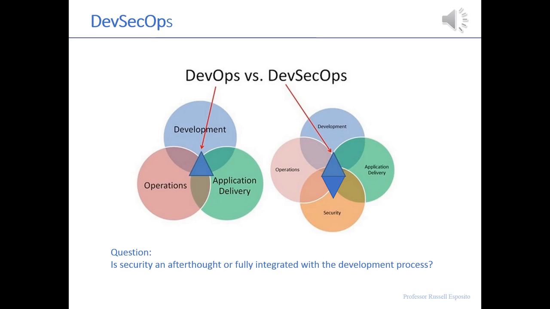And then there's application delivery and then operations, the green and the pinkish red. So the concept here is to develop security as part of that whole environment of developing systems, implementing systems, integrating systems, and moving them to operations, live production. The security can't be an afterthought, right? It should be part of the whole process.